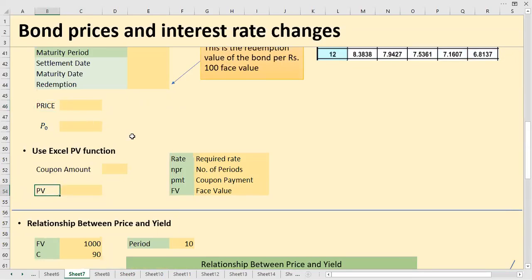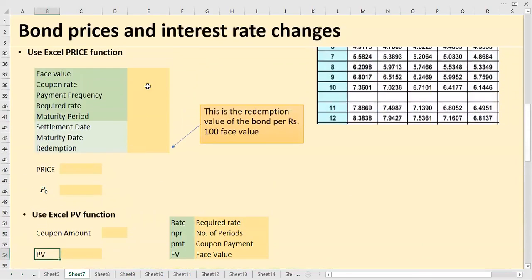So I will show you how to do it using the PRICE function. To do that, we need this information. Now if you go here and get that function from Excel, so equal PRICE.